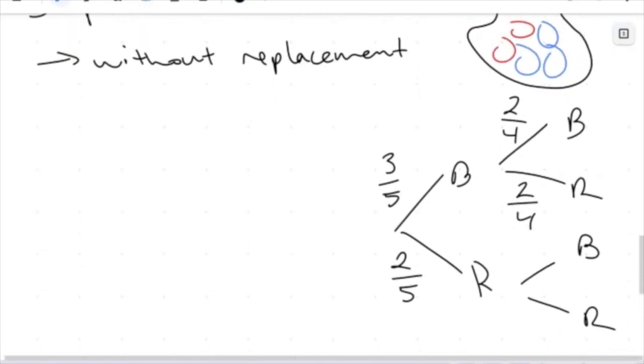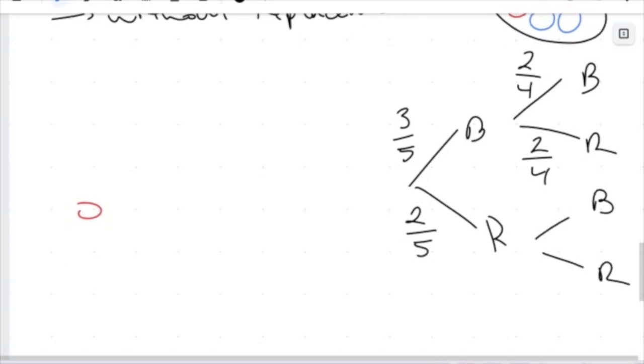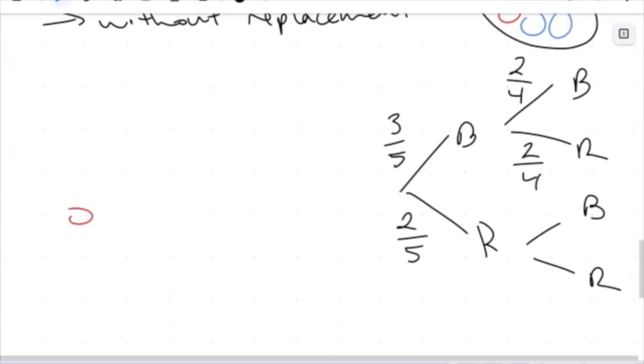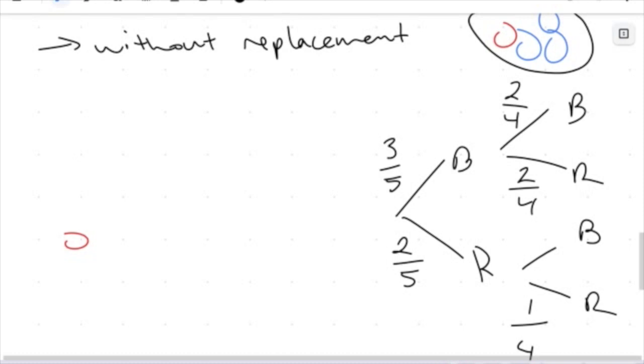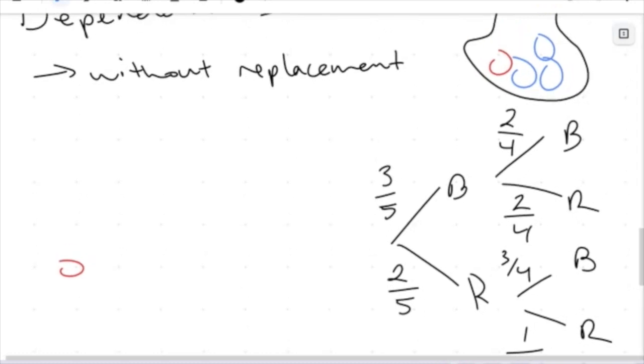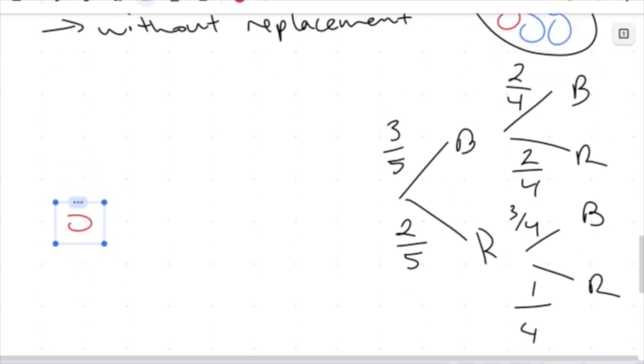Let's consider down here. Let's say I pulled out a red one first. My probabilities change because now I have 1 red out of a total 4, because this isn't being replaced. And my blue, I have 3 out of a total of 4. So let's put this back in.